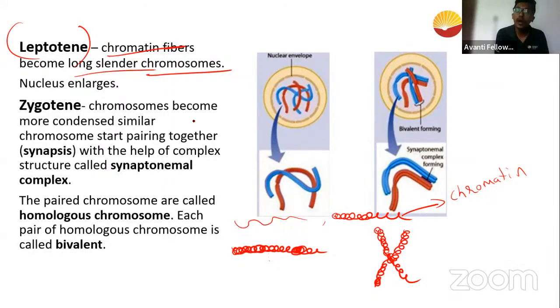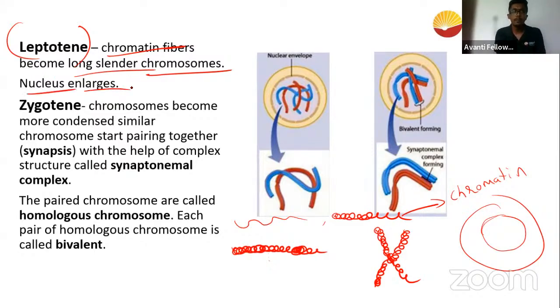Now, the nucleus is becoming more and more flaccid, meaning it's not dense, it's becoming loose. That is why the nucleus will also start enlarging, and it is enlarging by the end of leptotene. Clear? Next, let's go to the next stage, that is zygotene.